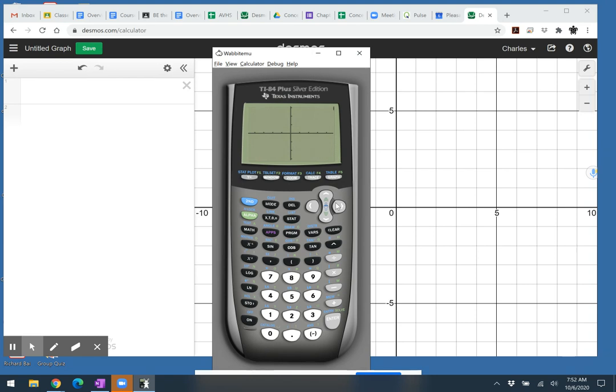Whew. Okay, so this is what my function looks like. You can see what it's starting to look like. Let's see, I'm going to go from 0 to 5. And let's go from negative 0.1 to 3.5 maybe.